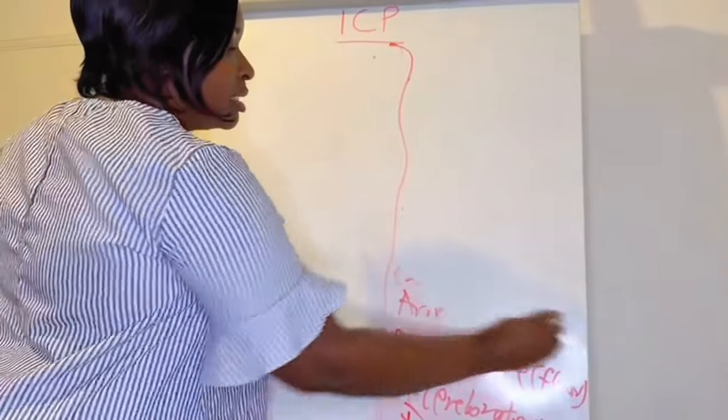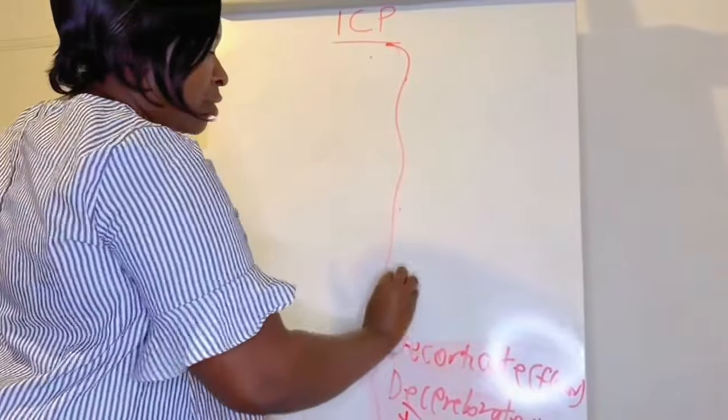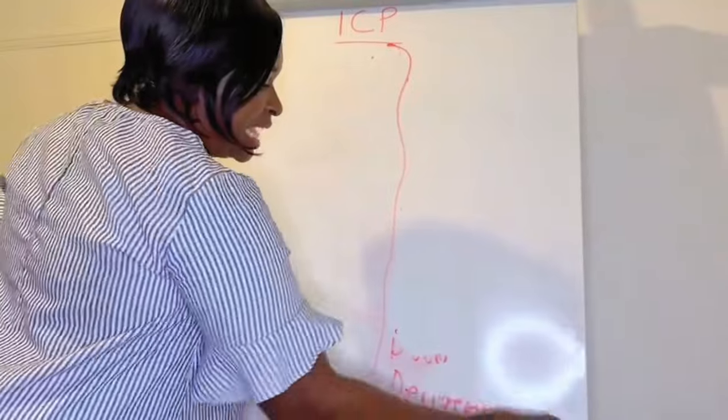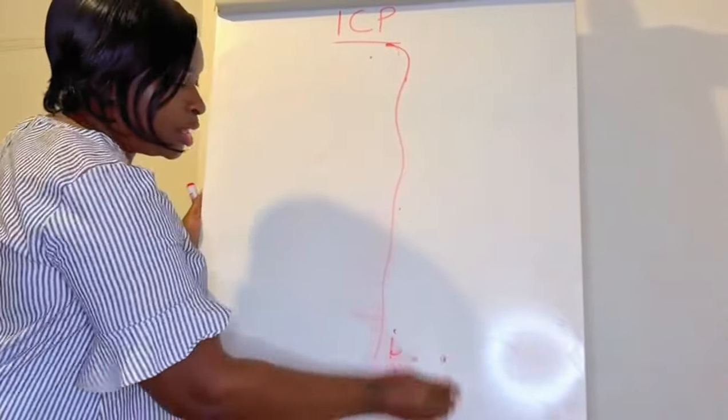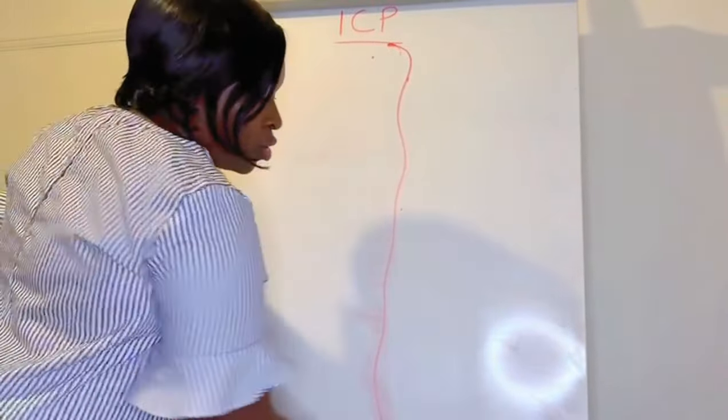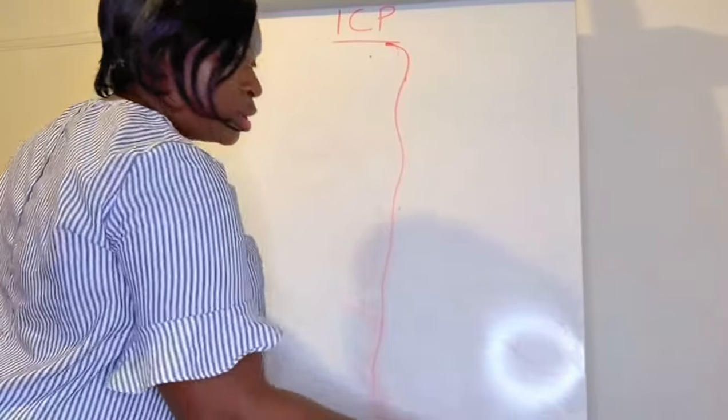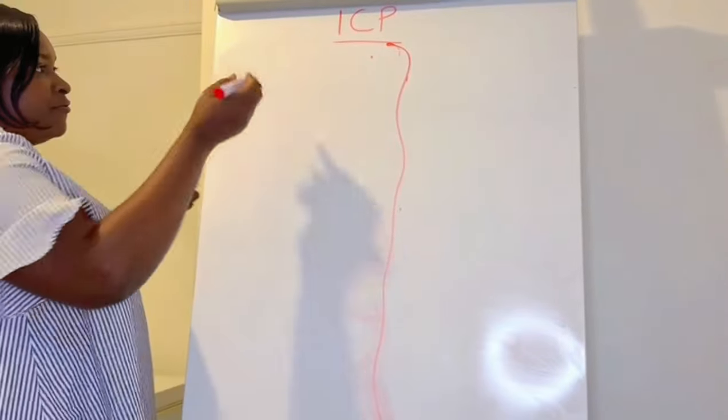Okay, having talked about the foot, now let's look at what happens in the neck. What do you think will happen in the neck for a patient who has an increase in intracranial pressure? That neck is going to be stiff.